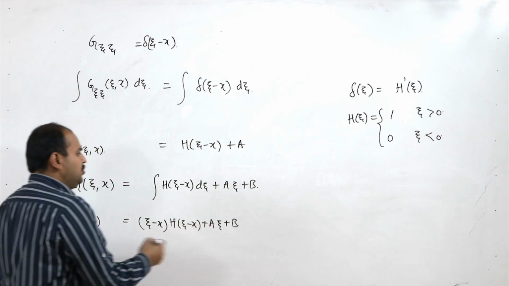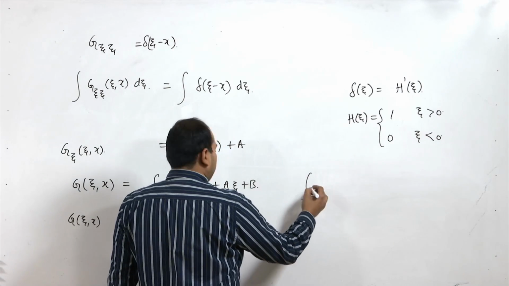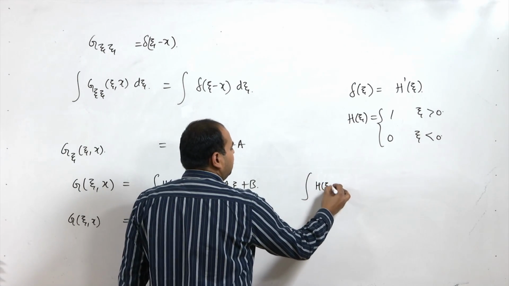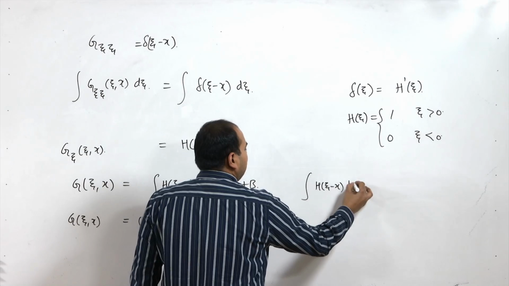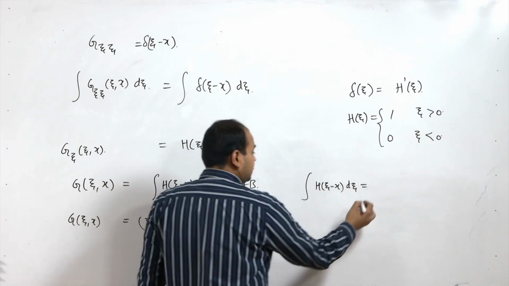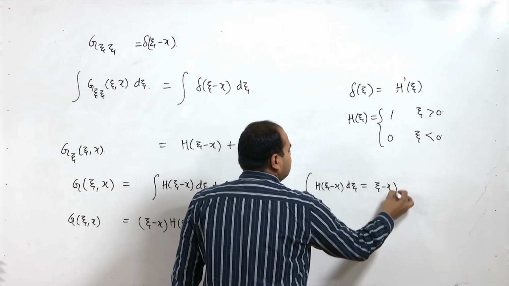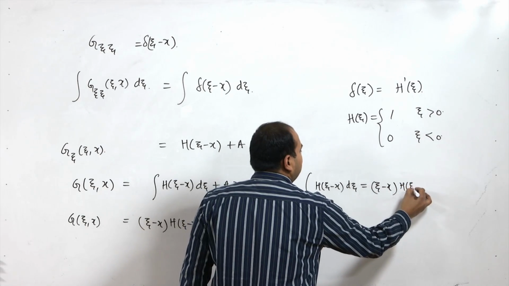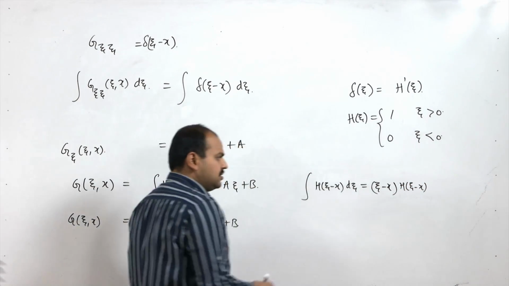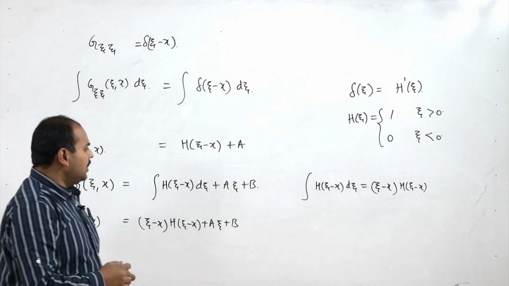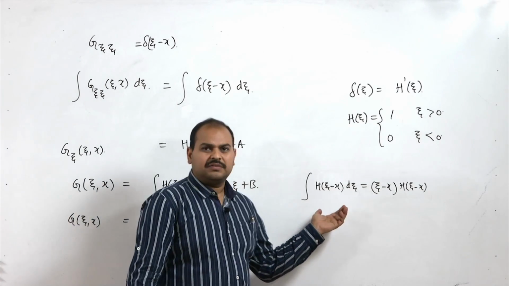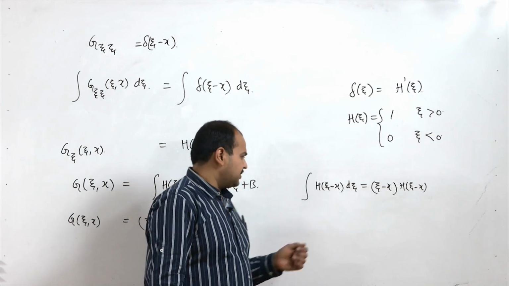Here I am using this integration, that the integral of H(ξ − x) dξ is given as (ξ − x)H(ξ − x). You can prove this as a simple exercise on the Heaviside unit step function.